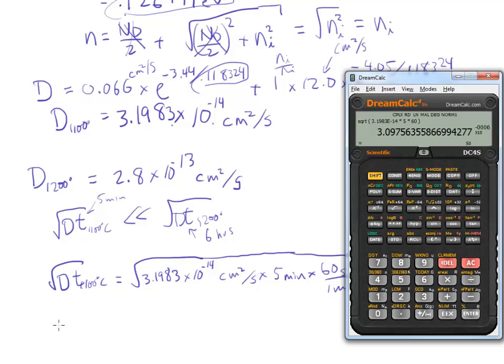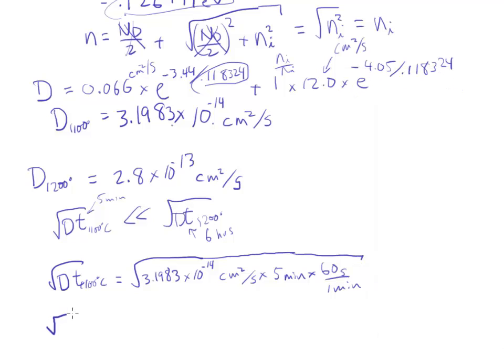So the square root of Dt at 1100 degrees C is equal to 3.0976 times 10 to the minus 6, and the units are the square root of centimeters squared, which is centimeters.